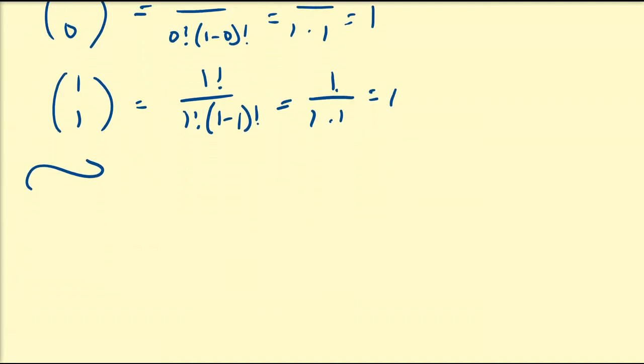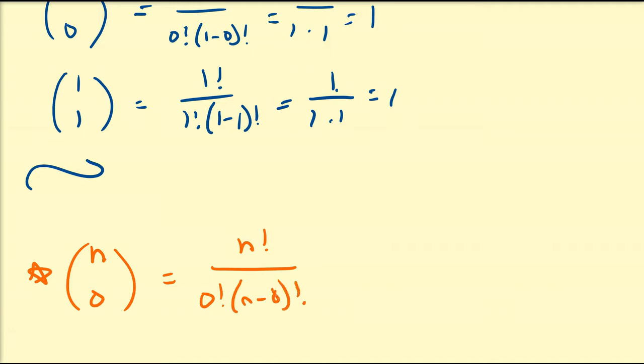So let's start to derive a couple of special properties that are going to be useful. Let's look at n choose 0. This is going to be n factorial over 0 factorial times n minus 0 factorial. So it's n factorial over 1, times n factorial, and this is equal to 1 for all n in the set of natural numbers.